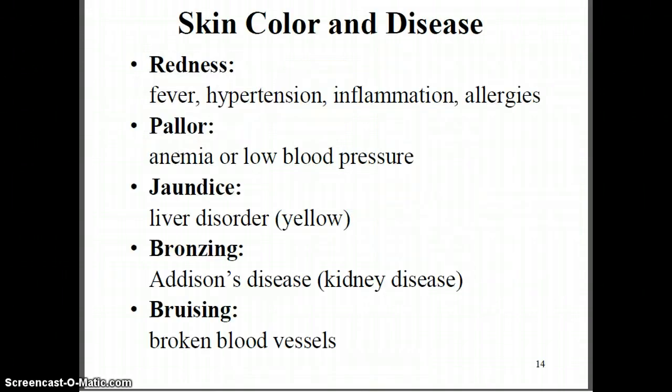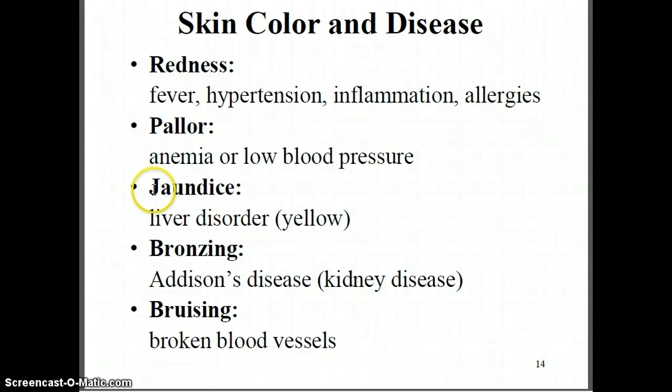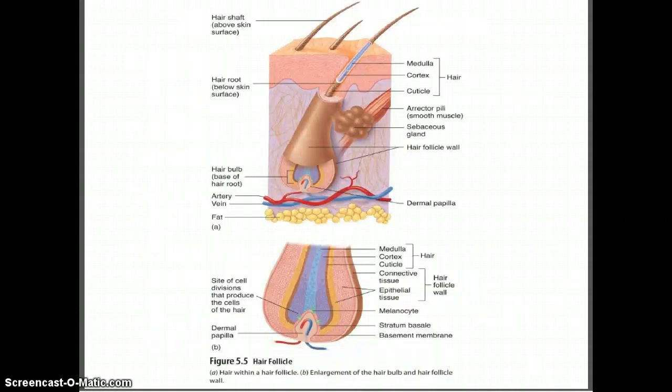All right, you can tell a bit about disease from different skin color. Please read about this. Very important diagnostically, jaundice shows yellowing of the skin and more often than not indicates liver disease. Addison's disease produces a bronzing of the skin and so forth.